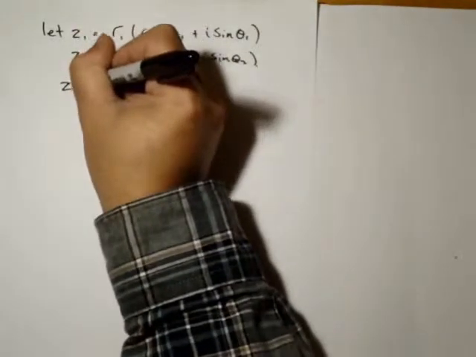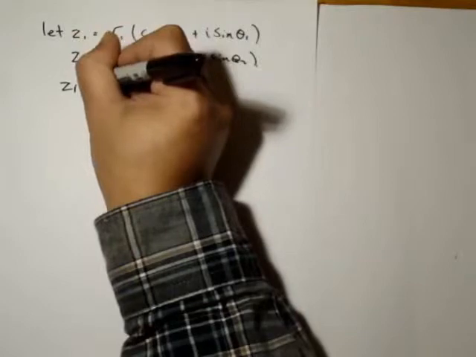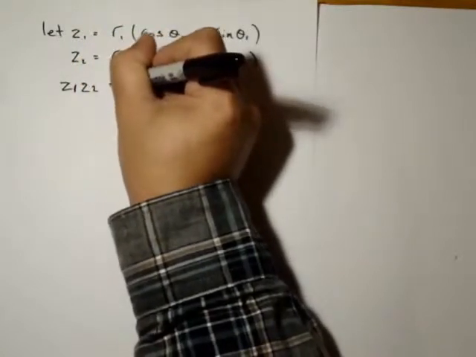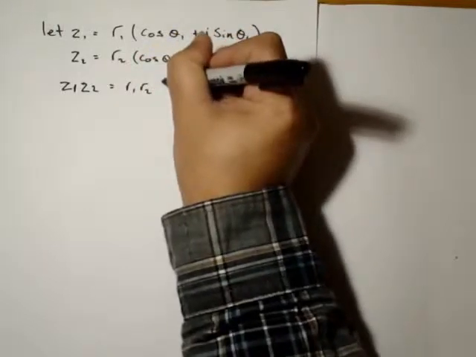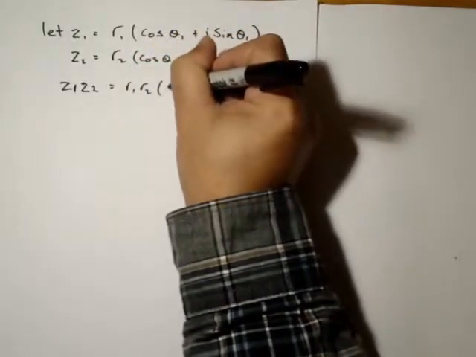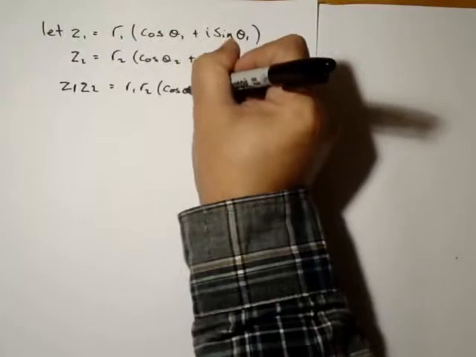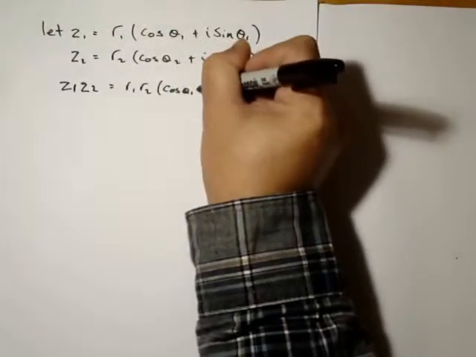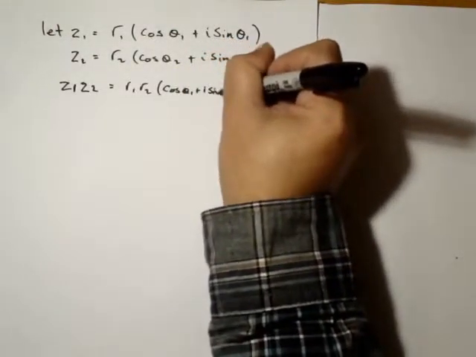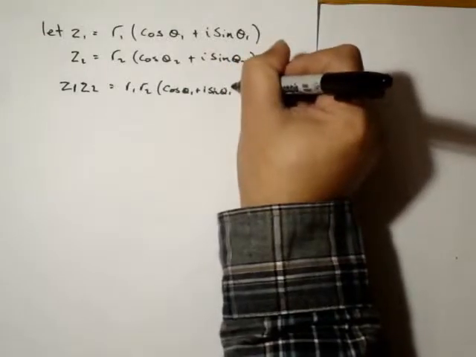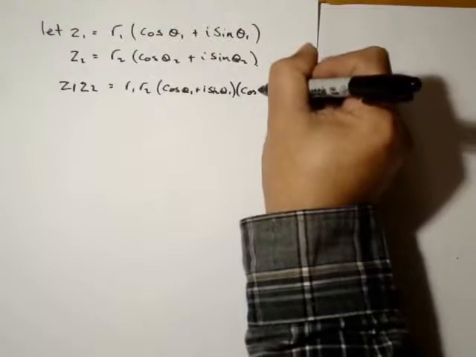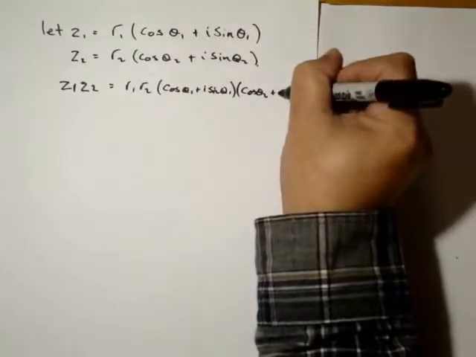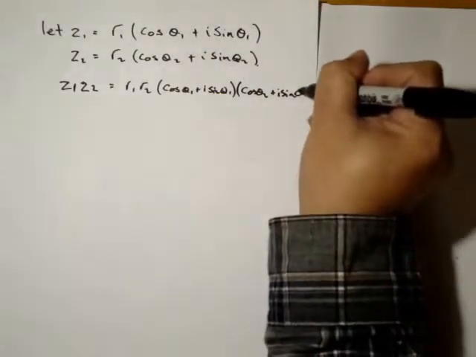We'll multiply these two together, z1 and z2. This would equal r1 r2 cos theta 1 plus i sine theta 1, and then we multiply that by cos theta 2 plus i sine theta 2.